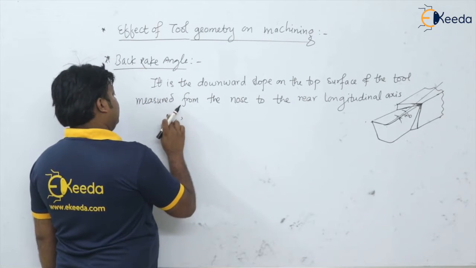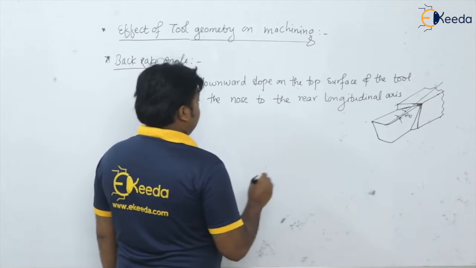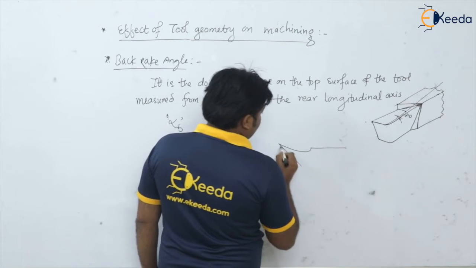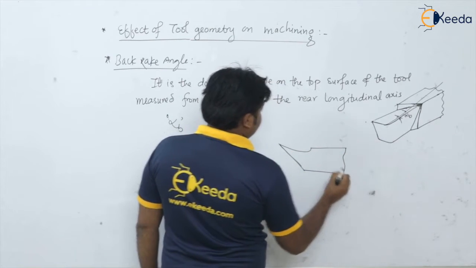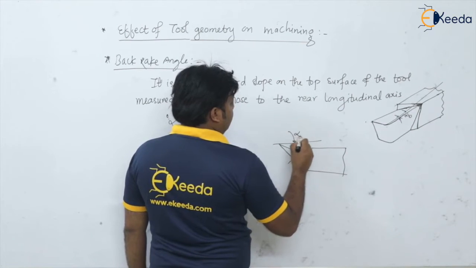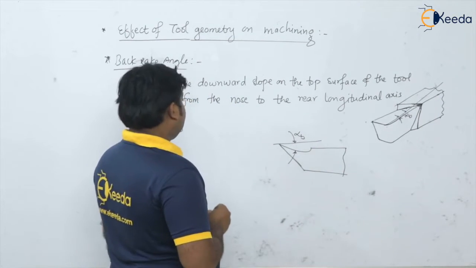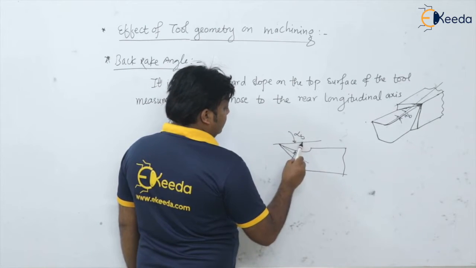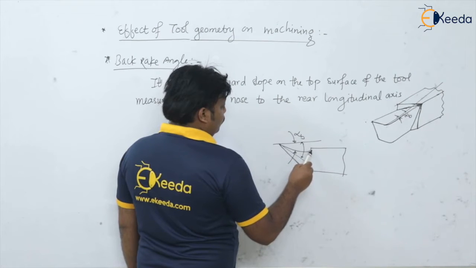Now what will happen if we increase this back rake angle? Let us see in the orthographic view. So this is our back rake angle, alpha b. Okay, so see, when we go on increasing this back rake angle, what is going to happen?